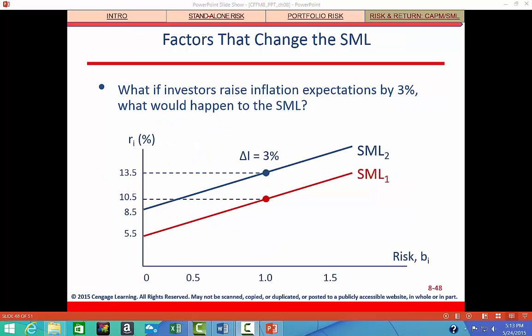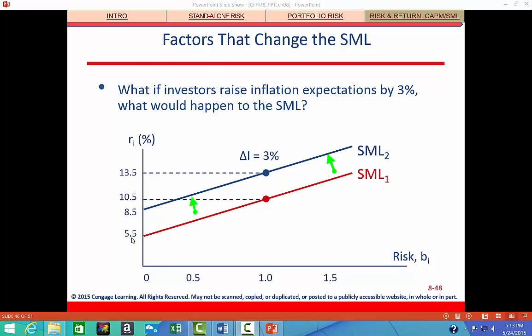So let's look at some things that could affect the security market line. The first one is, what would happen if people expected inflation to increase, in this example, by 3%? How would that affect the security market line? Well, you can see the first example was the red line, and it's just a parallel shift upward.